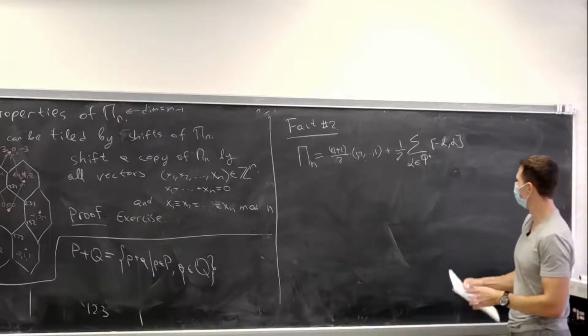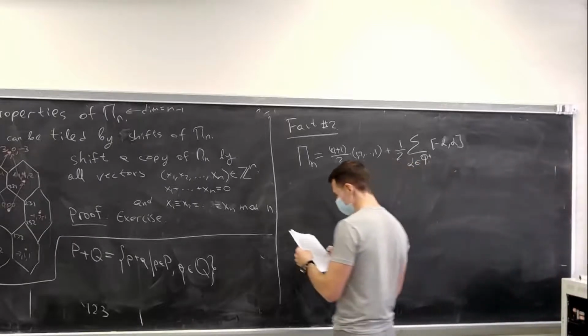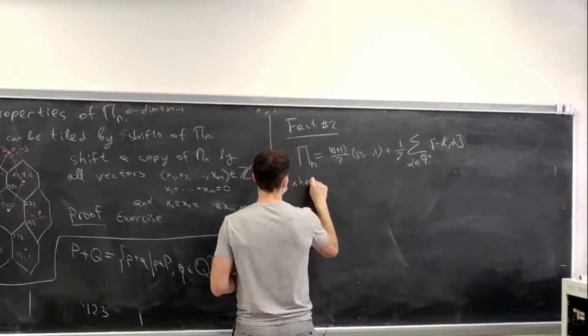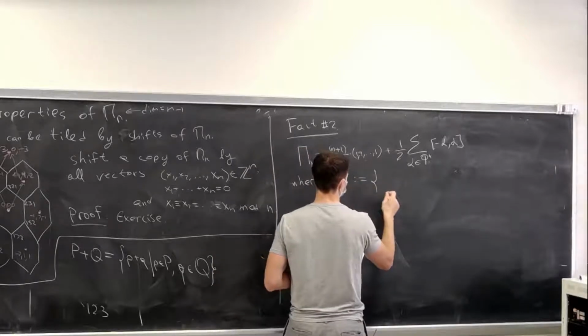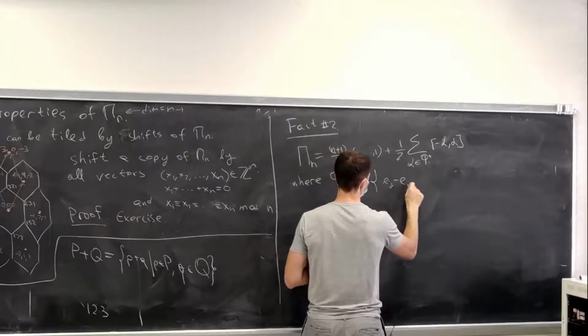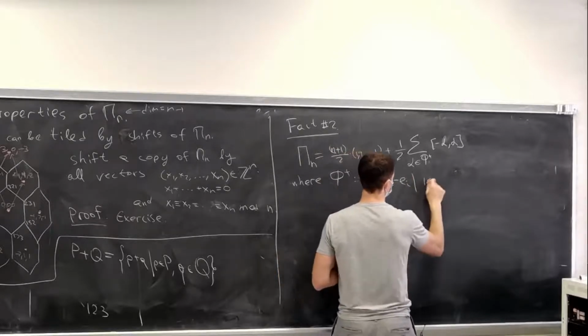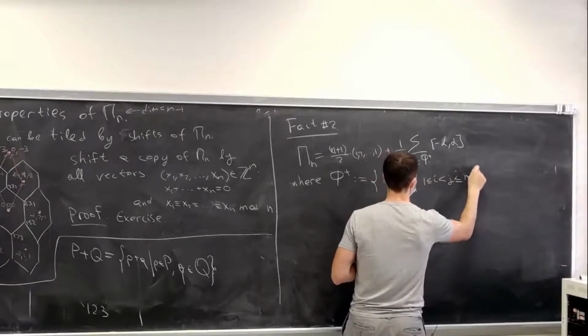Which, okay, I have to explain what this phi plus is. So phi plus is by definition the collection of all vectors of the form Ej minus Ei, where i is less than j, and they're between 1 and n.